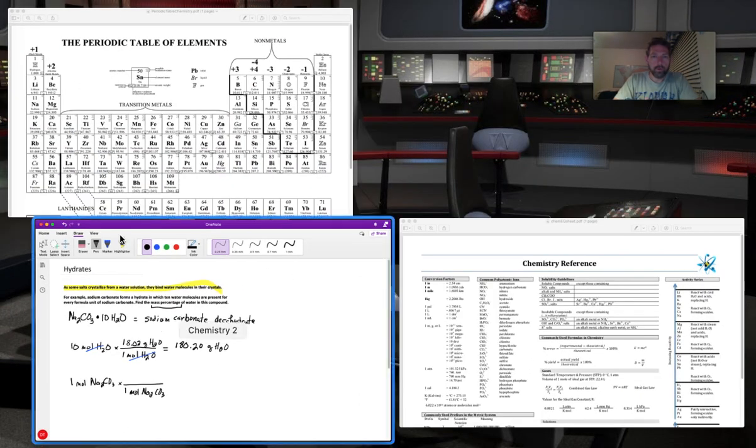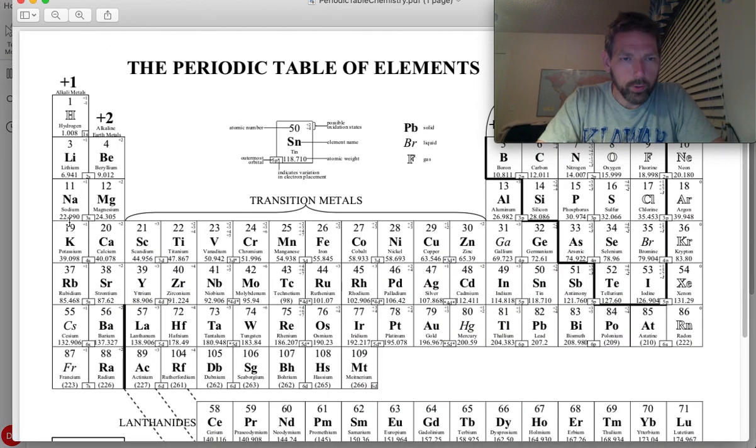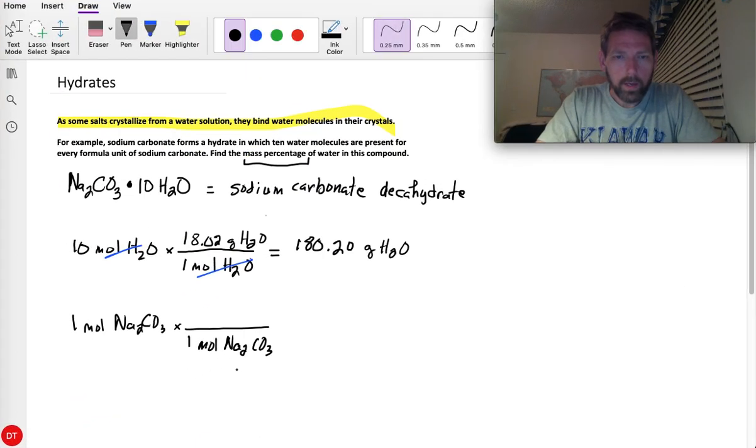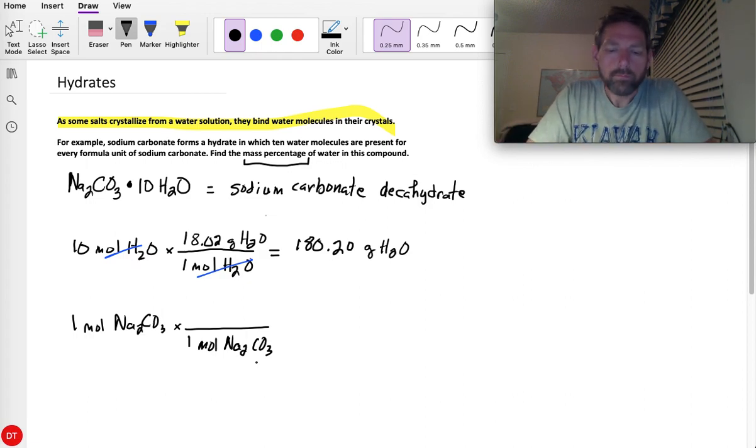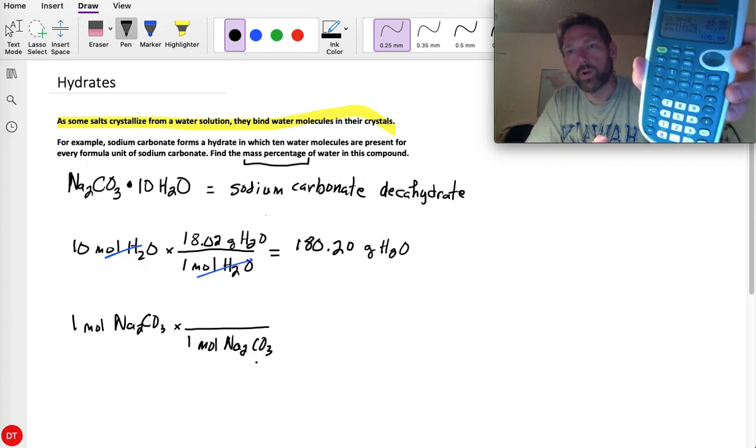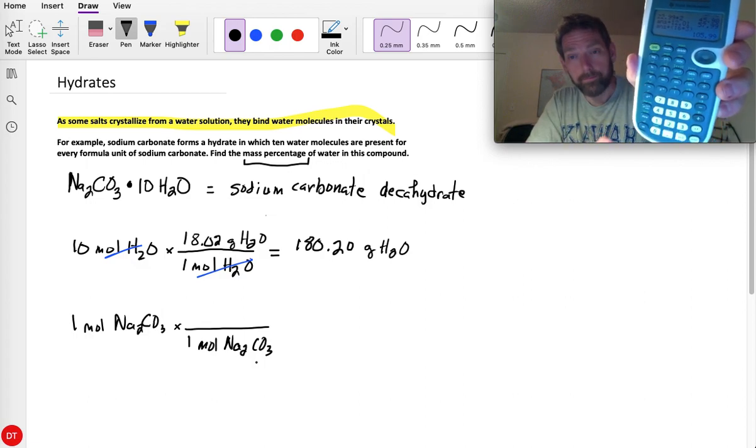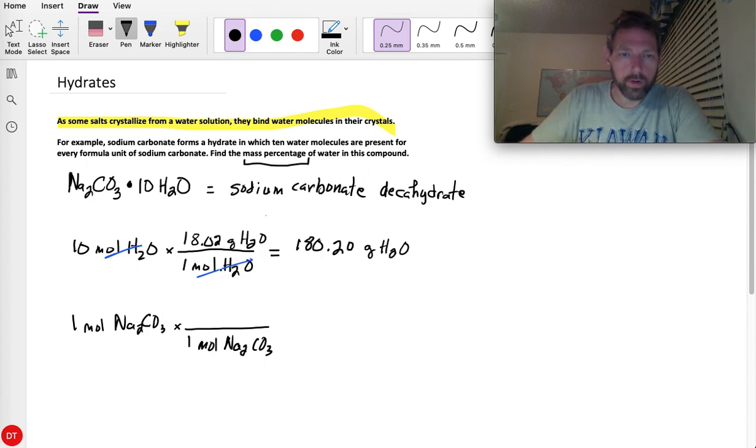If you don't remember, you go back here, sodium 22.990, we're going to use 22.99. Carbon, you should have it memorized right now, 12.01, oxygen 16. So we've got 22.99 times 2 plus 12.01 plus 16 times 3, oops, not 16 times parentheses, times 3 parentheses. You should get 105.99. Okay? You should get 105.99.